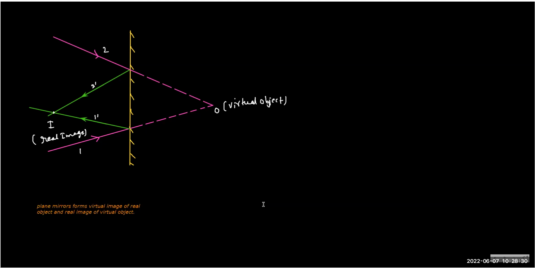So plane mirror forms virtual image of real object and real image of virtual object. Is this clear? So don't just keep in mind that it forms a virtual image. That's only for the real object. As you change the condition, things will change. So now we'll see some properties of reflection.